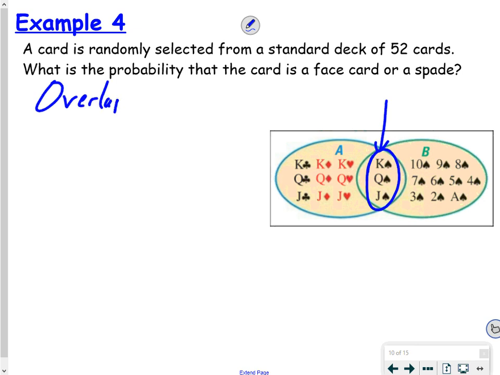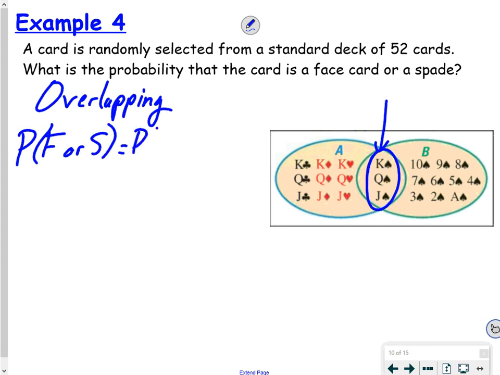Since they're overlapping, let's write out our equation. Once we get accustomed to these types of problems, maybe you won't need to write this equation anymore. But the probability that it's a face card or a spade is the probability that it's a face card plus the probability that it's a spade minus the probability that it's a face card and a spade, because that's possible.